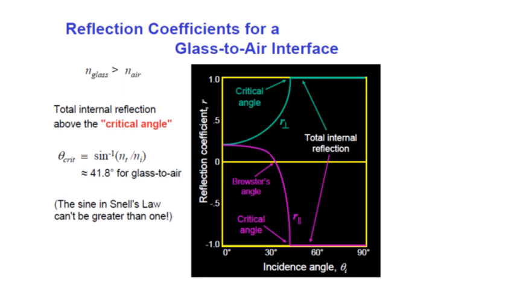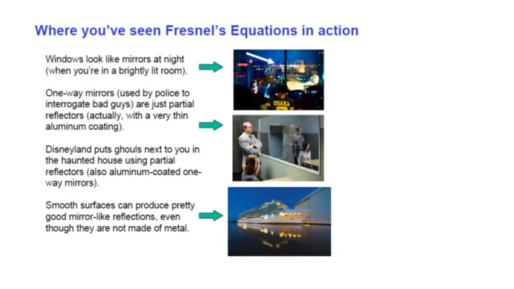For perpendicular it increases continuously from 0, but for parallel at a particular angle, the Brewster angle, there is no reflection. After the critical angle, we have shown total internal reflection, complete reflection.